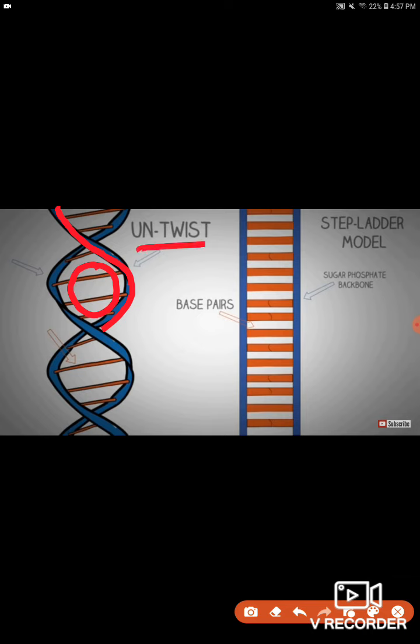When we untwist this structure, it will look like this. It is called the step ladder model. So here this blue lining is the sugar phosphate backbone, and the base pairs, that means the nitrogen bases, are joined with hydrogen bonds.